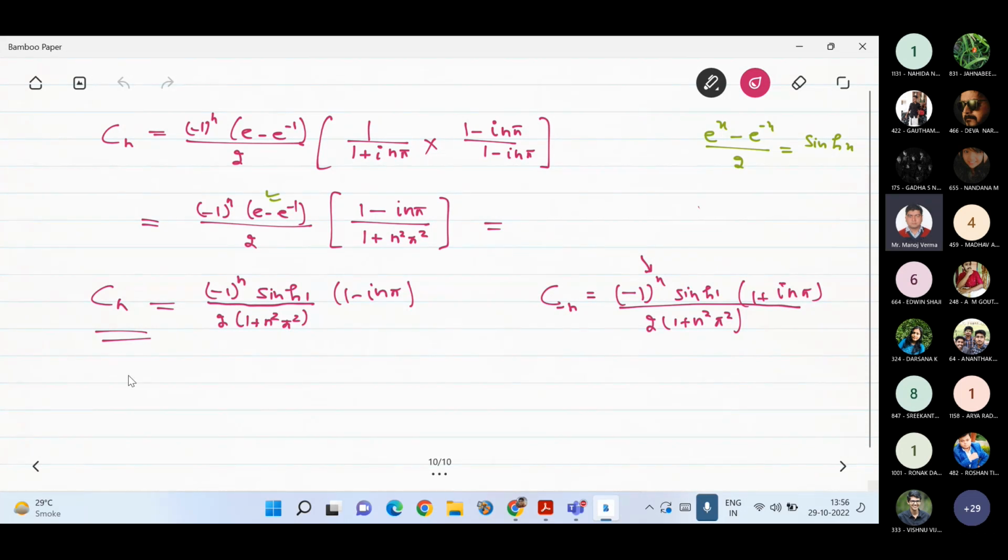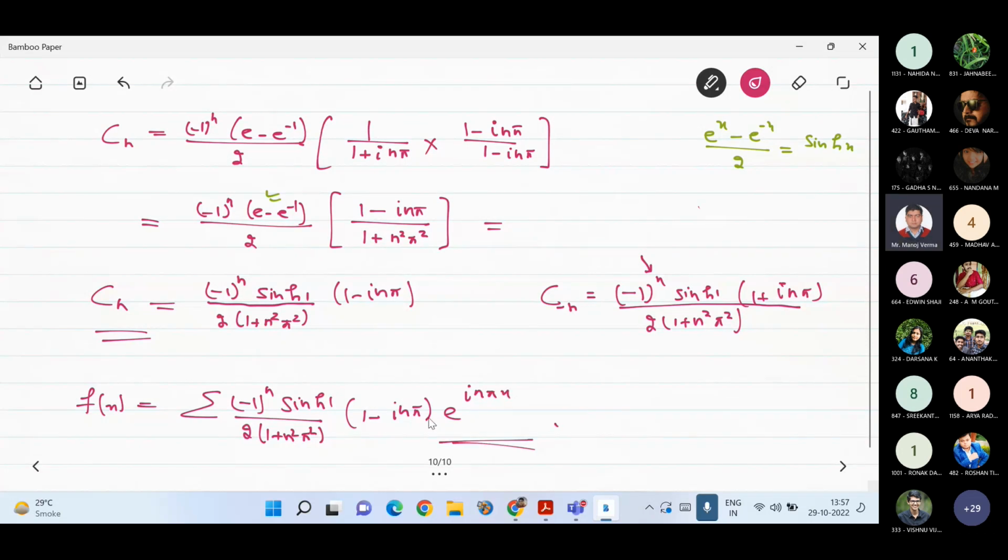So now we have Cn, we have C minus n, we can easily write the expansion of this function, which will be, okay, summation of -1 raised to the power n sine hyperbolic 1 divided by 2 times 1 plus n square pi square, times 1 minus iota n pi, and e raised to the power iota n pi x.